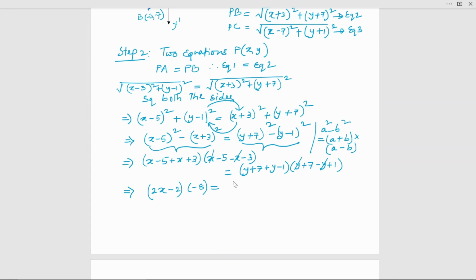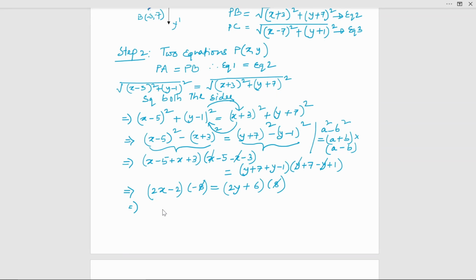And what is my right hand side? y plus y is 2y, 7 minus 1 is plus 6, and 7 plus 1 gives me plus 8. So on both the left hand side and right hand side, 8 will get cancelled.